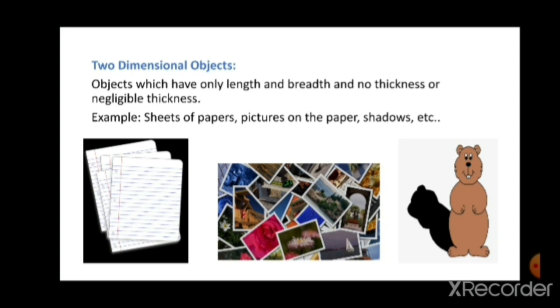That is why some pictures seem flat, but some pictures are drawn in such a way that we can sense the depth or thickness of the objects, how deep it is, that is the height of the objects. This is what we are going to see in our next slide.